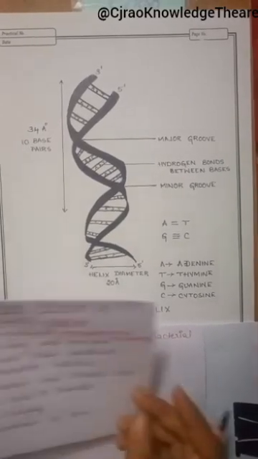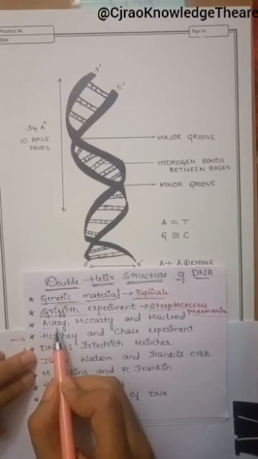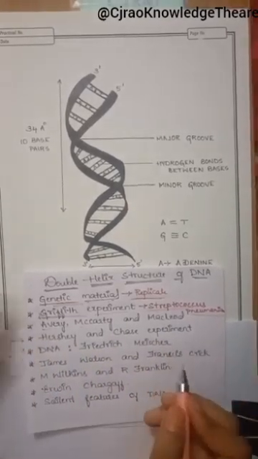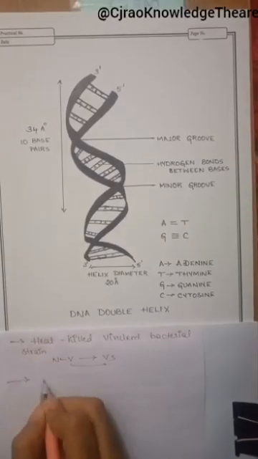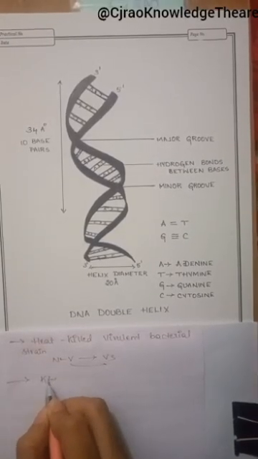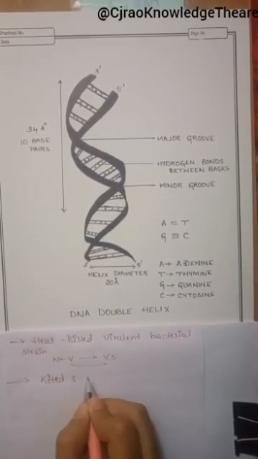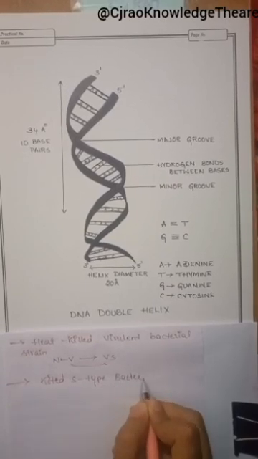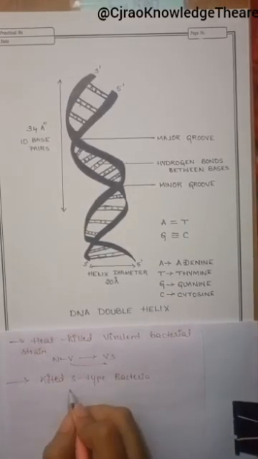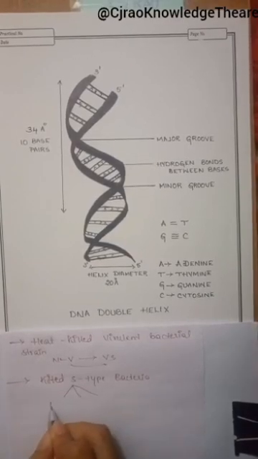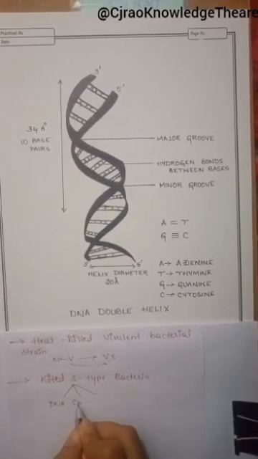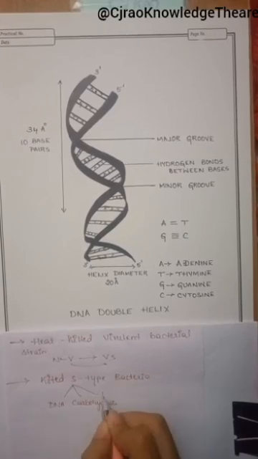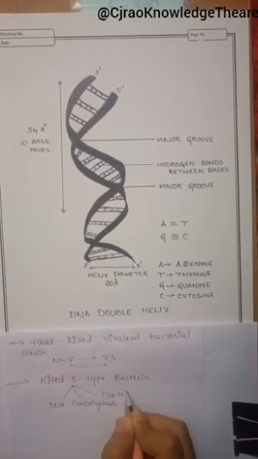In 1944, other scientists, Avery, McCarty and MacLeod, fractionated the killed S-type bacteria into three components, that is DNA, carbohydrate and protein.